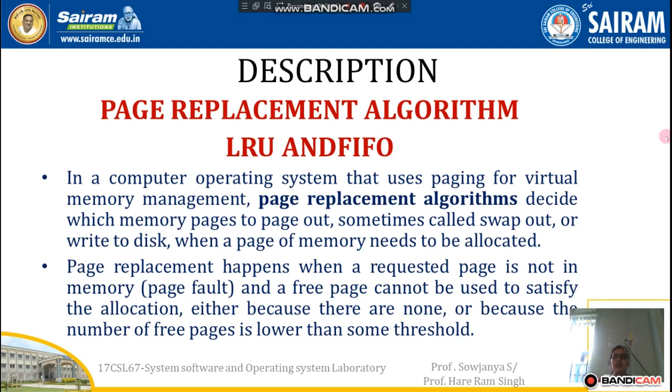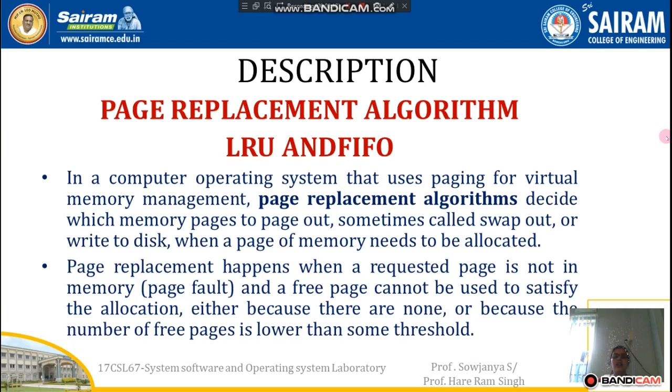In general, page replacement happens when a requested page is not in the memory. We will have some set of pages, and we will be checking whether the requested page is present in the memory or not. If that requested page is not present in the memory, then we say it is a page fault.